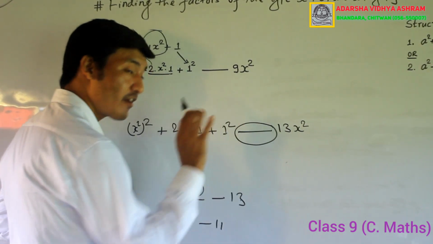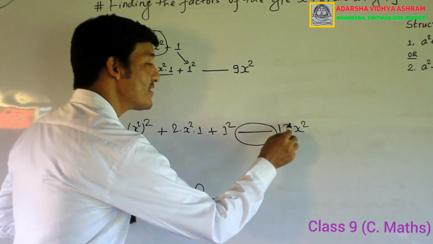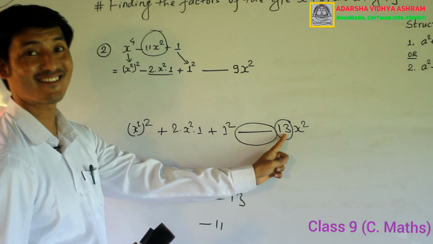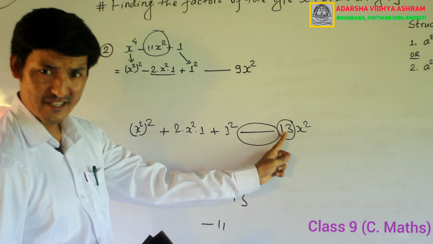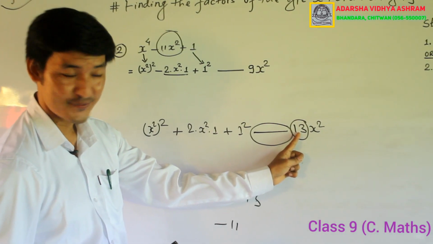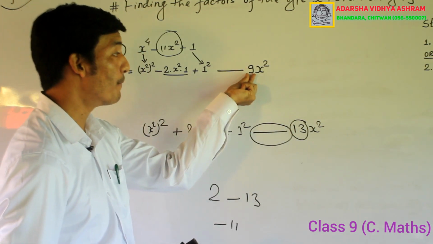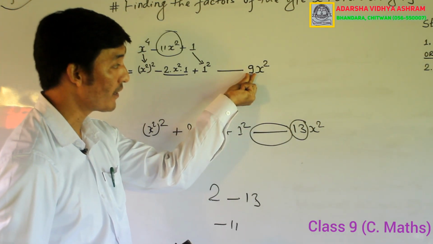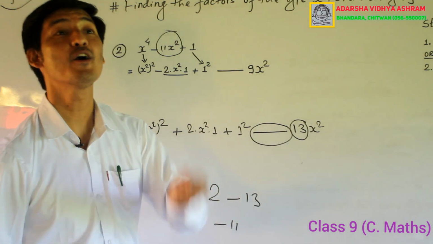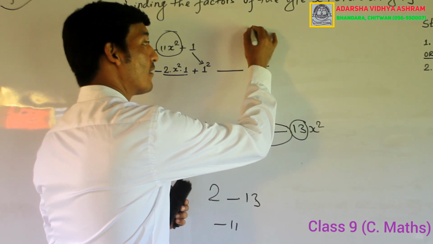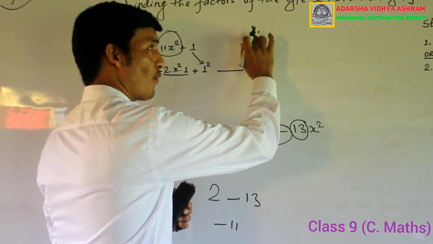Is it right or wrong? Minus automatically coming is right. But what is this coefficient? What is this value? You check here please. This is 13. Is 13 a perfect square number? No. That is why the number we bring here must be a perfect square number. That is 1, and after 1, what comes?